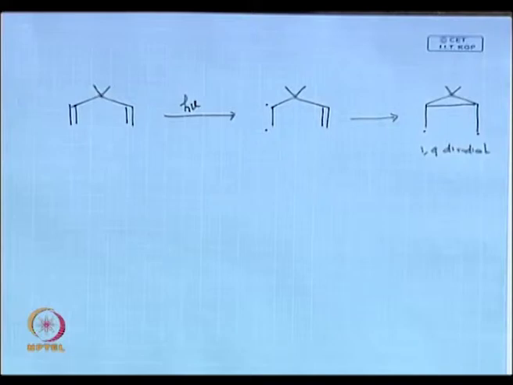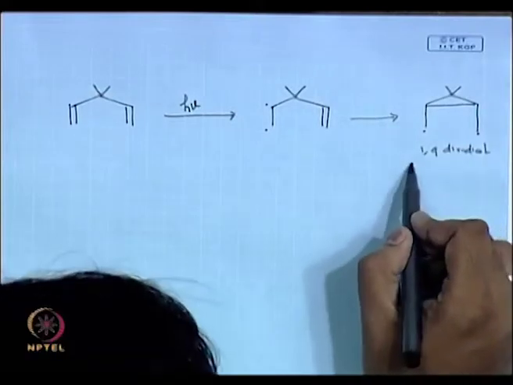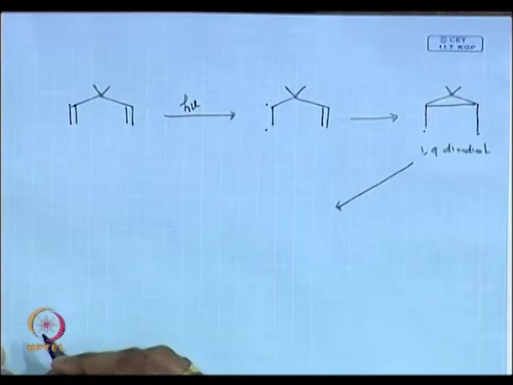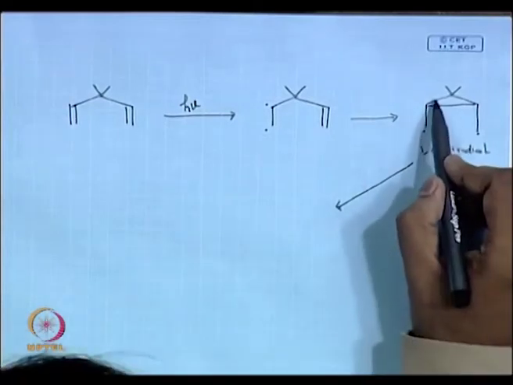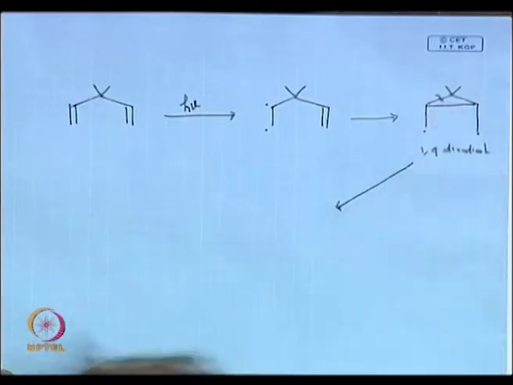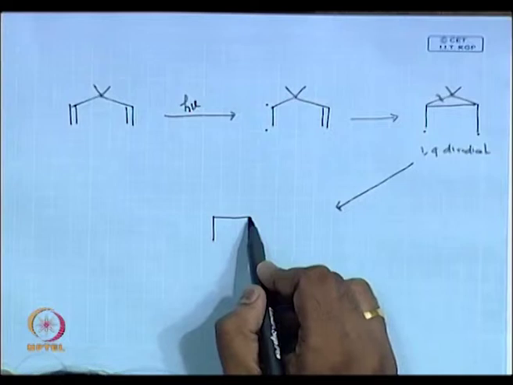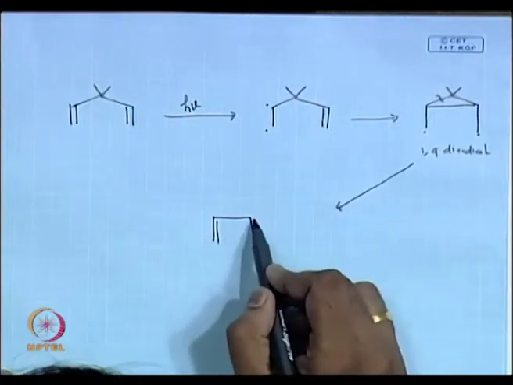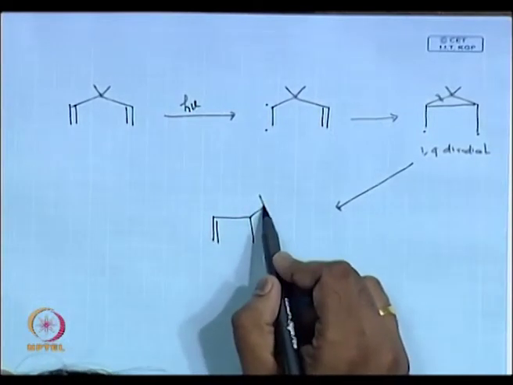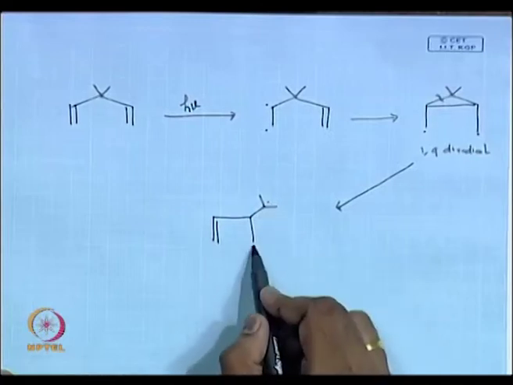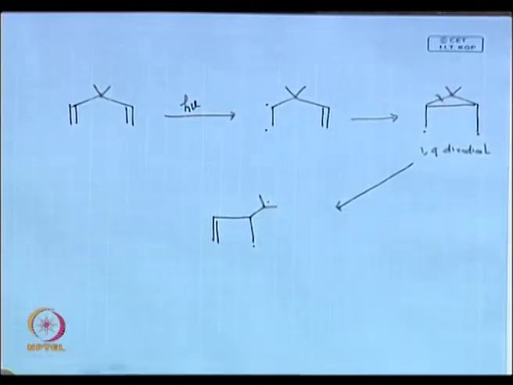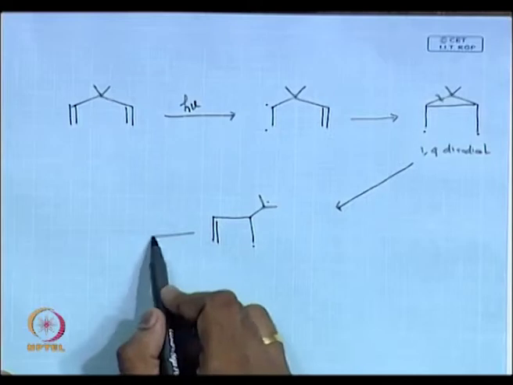Then I can cleave it to give a radical, and isopropyl radicals are stable.